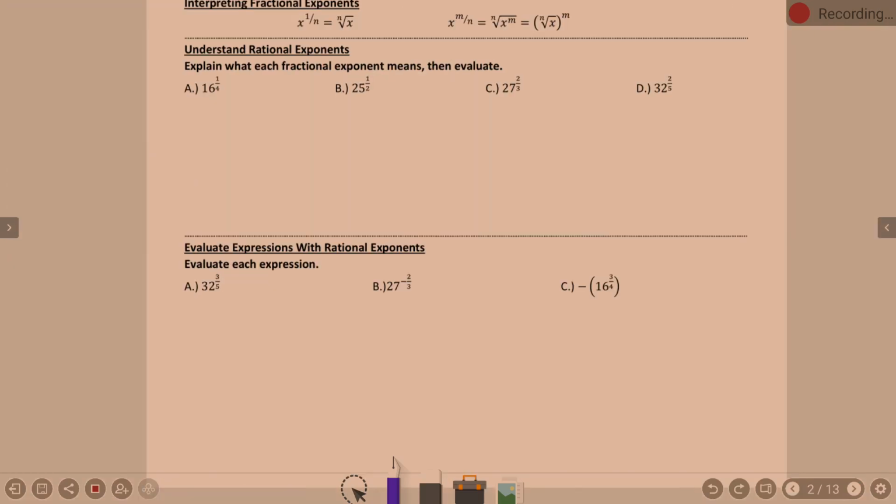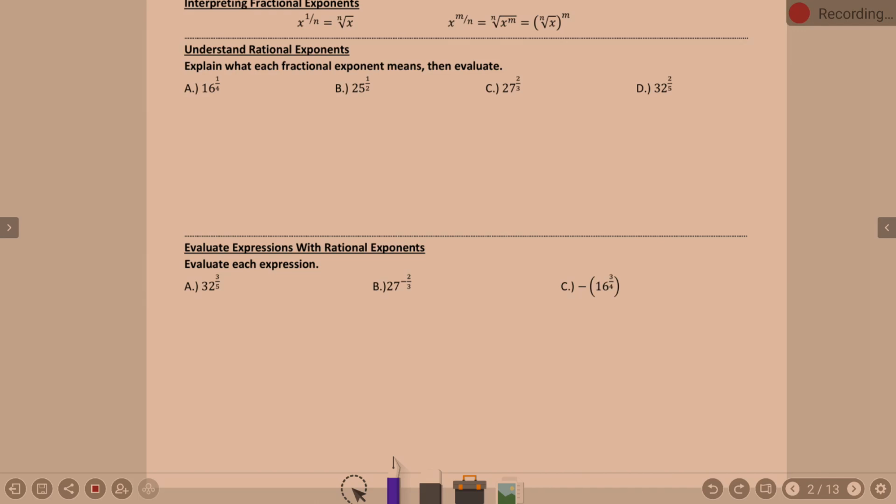Okay, the bottom half here talks about interpreting fractional exponents. So we just talked about cube roots, fourth roots, square roots, fifth roots, they all fit in the same category. Now, here's the deal. We don't always write it as the nth root of x. In algebra, you sometimes see a fraction in the exponent.